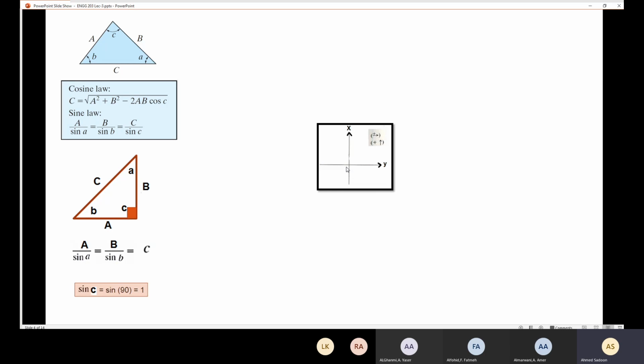The same thing for y. If you go in that direction, the value is positive. If you go in that direction, the value is negative. It's very important to remember this.